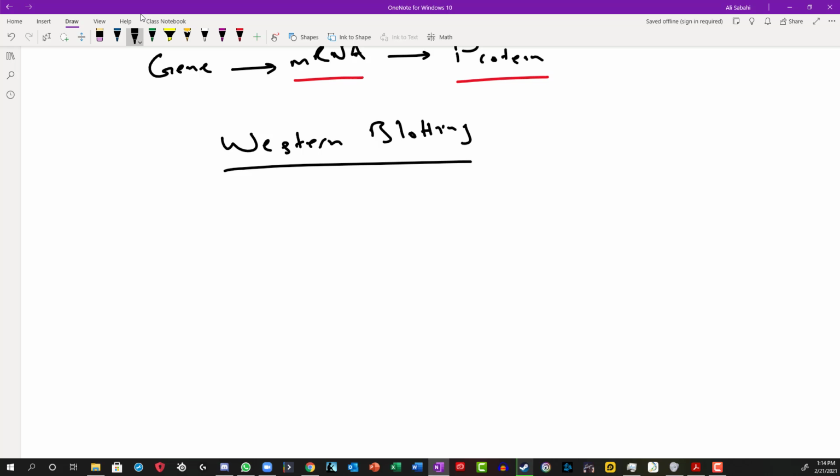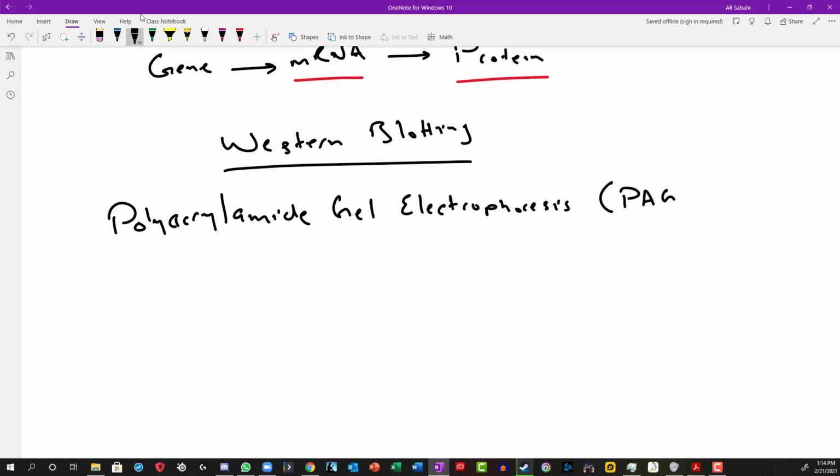So the way you do that is you use polyacrylamide gel electrophoresis, or PAGE. Now there's two types of PAGE that you can do. One is native PAGE. In a native PAGE, you do not change the native structure of the proteins.